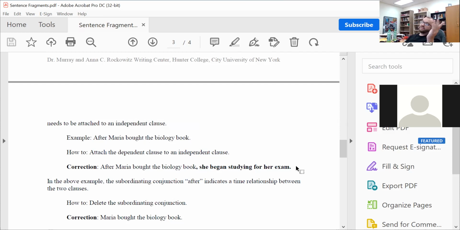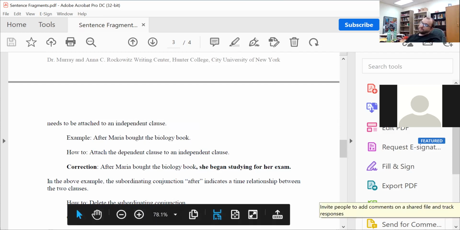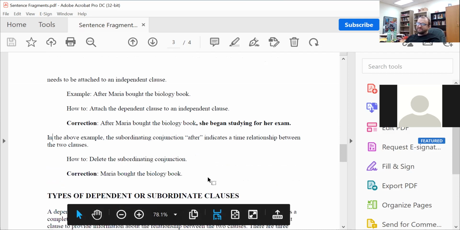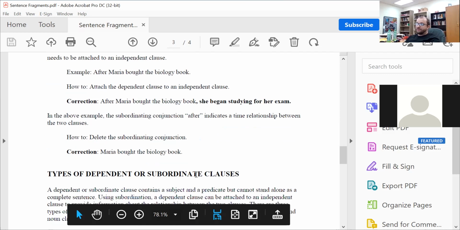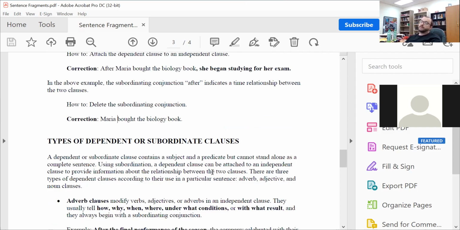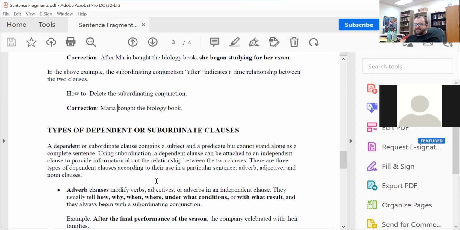She began studying for her exam. So again, watch out for those. If I write sentence fragments on your papers, as I did often with the paper ones, you go in and fix them up.